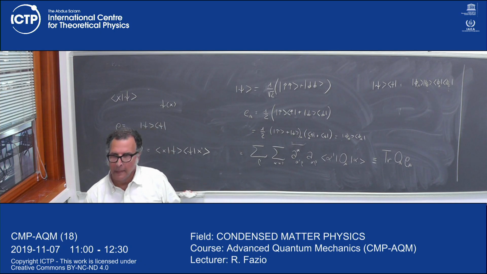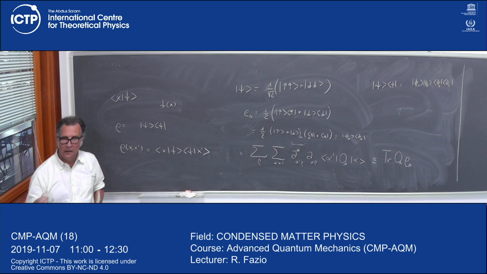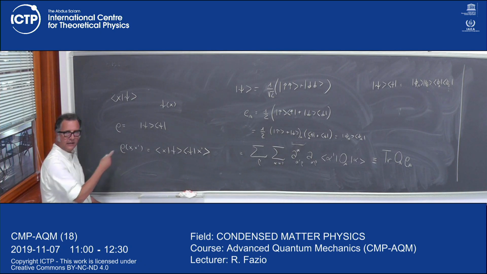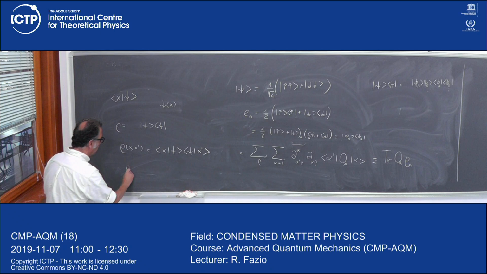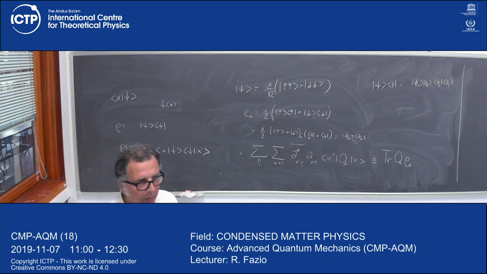Okay? Third exercise. If you know rho(x, x'), I would like to know what is rho(p, p'). So the density matrix not in the coordinate representation but in the momentum representation. Okay? And just compute rho(p, p') for a harmonic oscillator in the ground state. Okay?